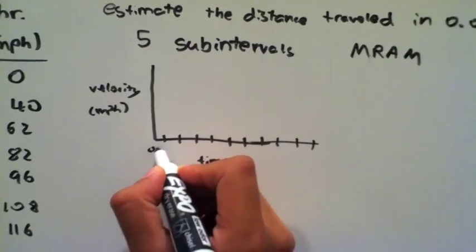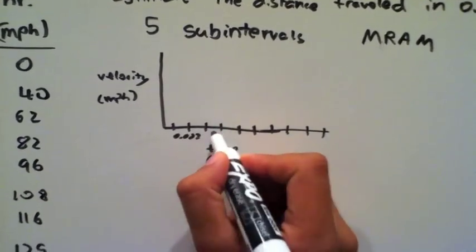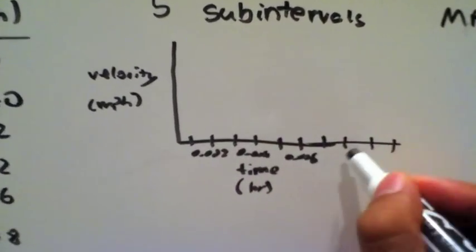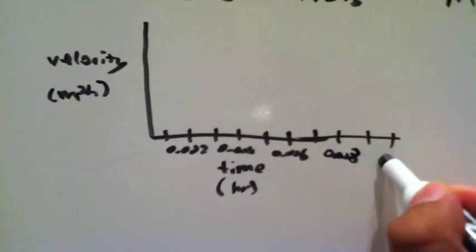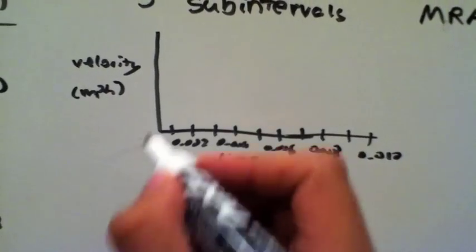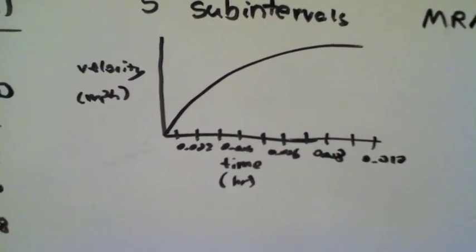So you have 0.0. Well, this is going to be 0.002 here. We'll just list every other one: 4, 6, 8, and the last one. And it'll look something like this. It's just a car that's accelerating.